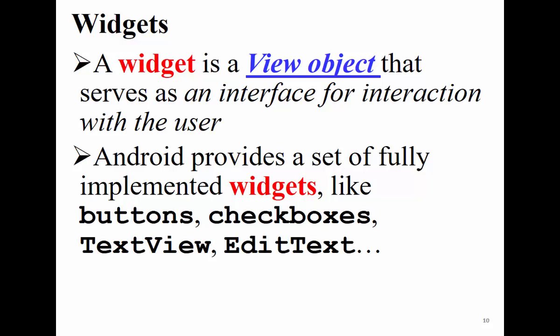And there are a lot more widgets that are already made for you. You can drag and drop them on the view of the app, or you can write these in the XML file that is responsible for the layout.